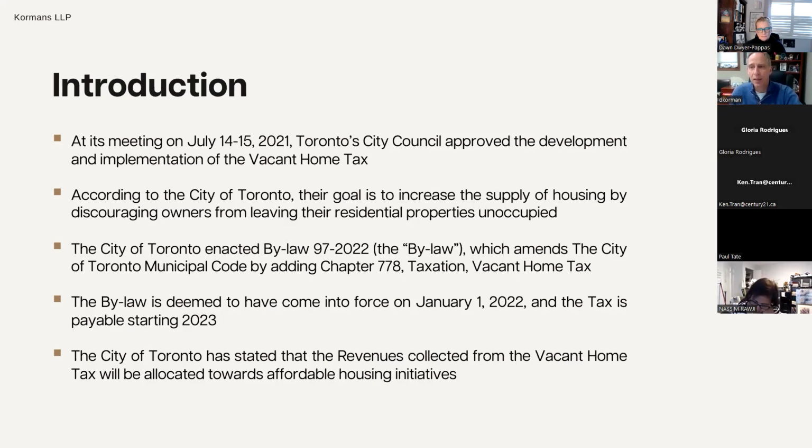You're always going to be paying in the subsequent year for whatever happened in the previous year, if the property was or was not vacant. They're stating that when they get this pool of money in, they're going to use it towards affordable housing initiatives, whatever that means. The whole idea is they really want to encourage people not to leave properties vacant.